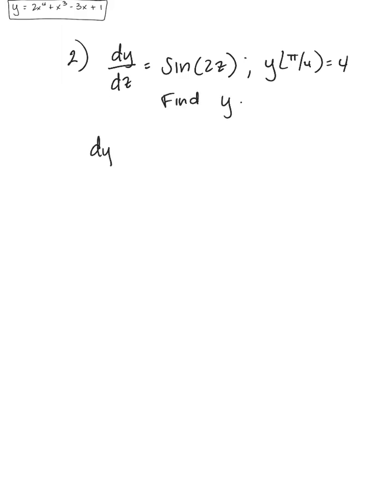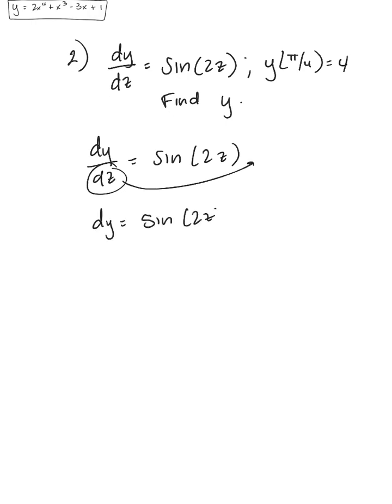So if dy by dz equals sine of 2z, I can move this differential over. Now I'm ready to integrate. So the integral of dy is just y, because the derivative of y is dy. That equals 1/2 negative cosine 2z plus c.